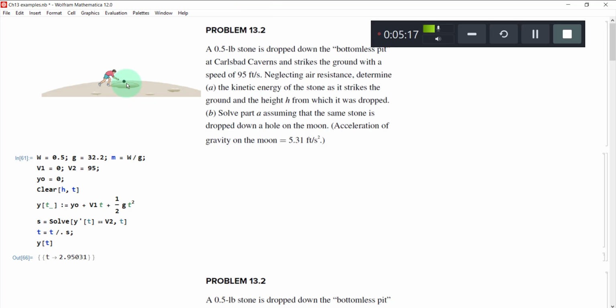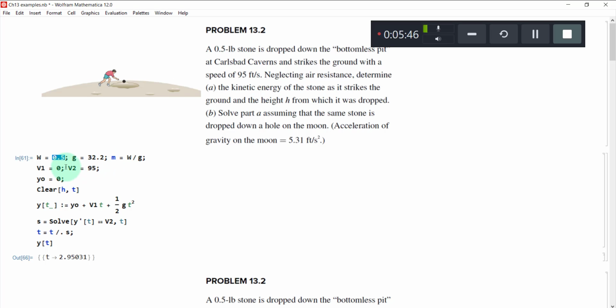So let's say we have someone who's dropping a rock in a pit, and you want to figure out maybe how high the pit is. This is like the cat falling at the football stadium, if you know how long it takes, or you can figure out velocities and distances and stuff. Okay, so if we had some kind of information, like maybe we knew the weight of the stone, so 0.5 pounds.